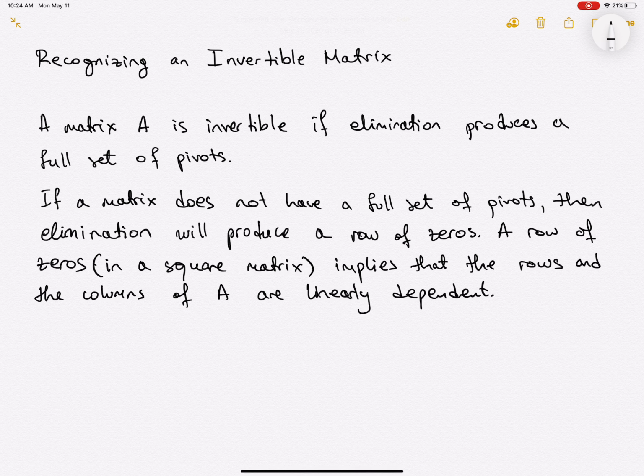And remember, we said that when the columns of a matrix are linearly dependent, then that matrix must be singular.